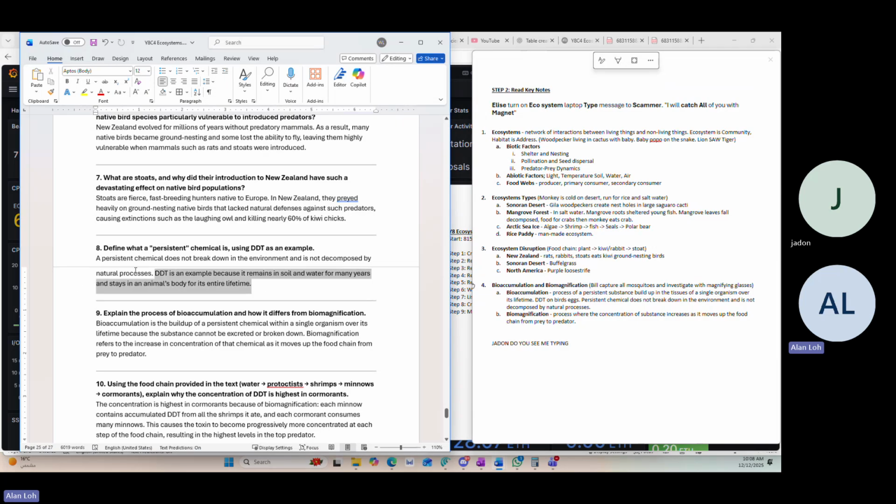Now, read this answer and see whether the answer is similar to yours. Okay, is it similar?